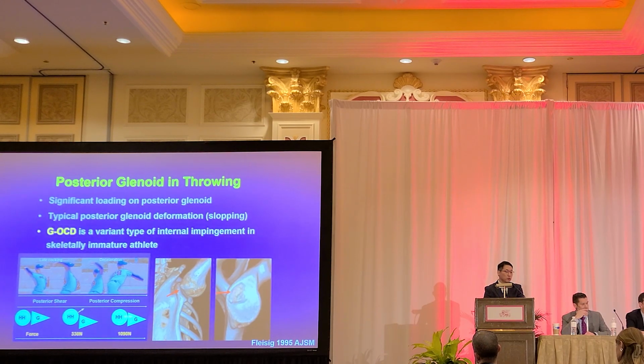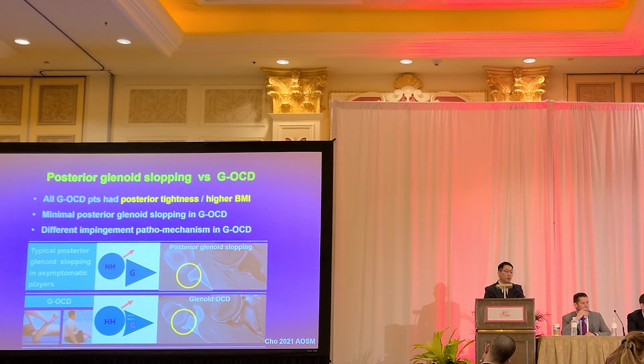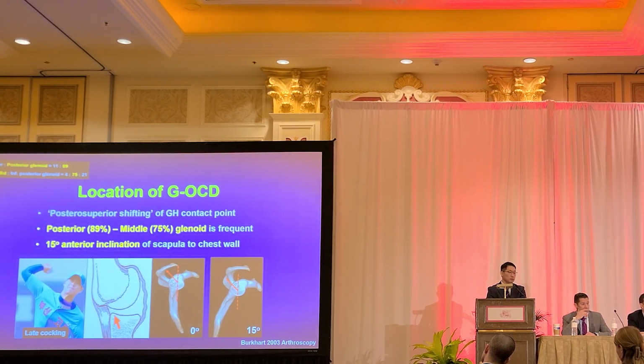The glenoid OCD is thought to be a variant type of internal impingement in skeletally immature athletes. Considering that all patients have posterior shoulder tightness and higher BMI, without posterior glenoid sloping, the pathomechanism of the glenoid OCD is thought to be slightly different from the typical posterior glenoid sloping.